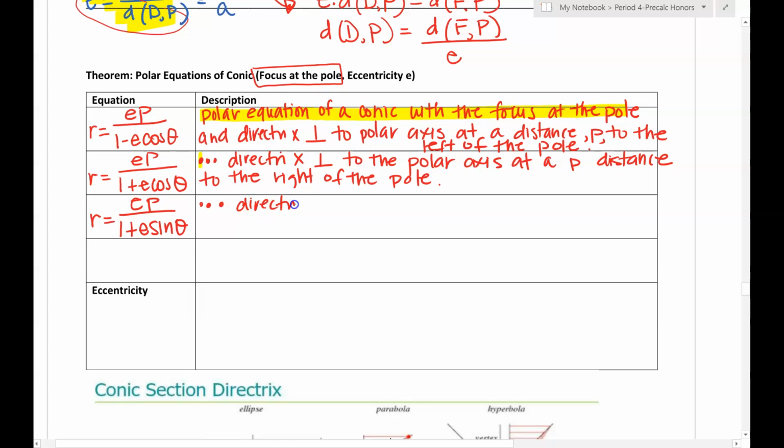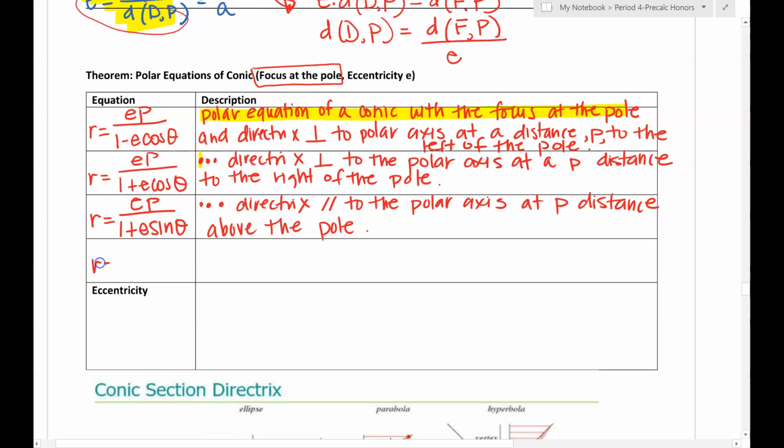The directrix is going to be parallel to the polar axis at P distance. Since this is a positive sine, it's going to be P distance above the pole.